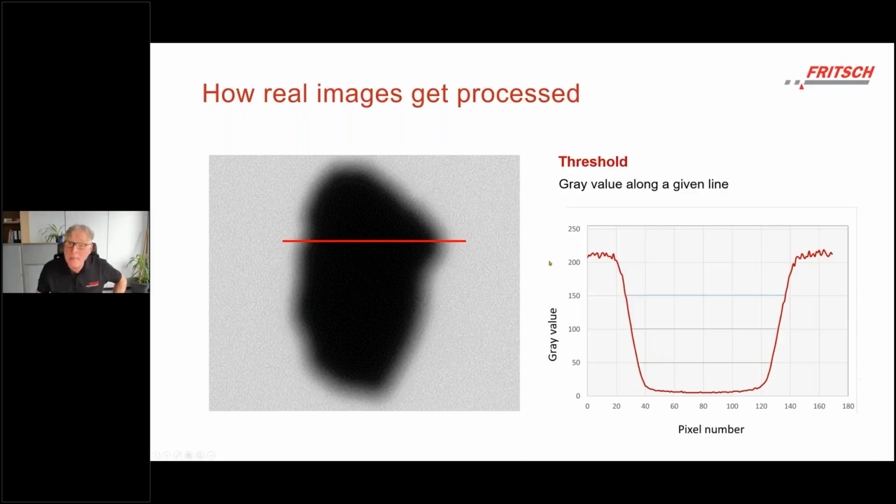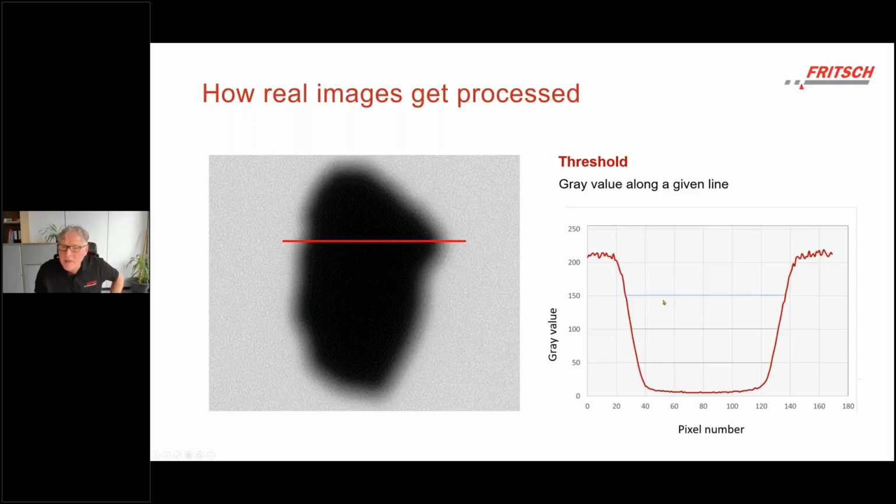So you can set this here; I have colored lines here. I hope you can see those colored lines. Here is a blue line with a gray value of 150, and if you go perpendicular down to the pixel numbers, basically to the size axis, down here and down there, you find the size of the particle.